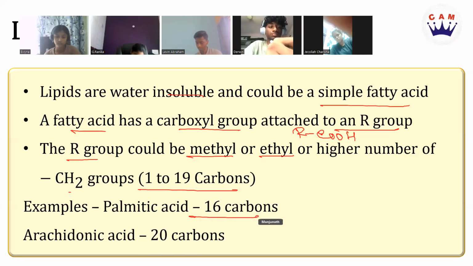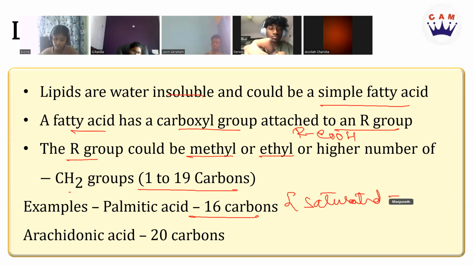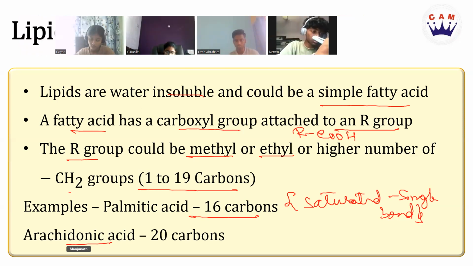Palmitic acid is a 16 carbon fatty acid which is saturated with only single bond. Another example for fatty acid is arachidonic acid made up of 20 carbons. Next slide.